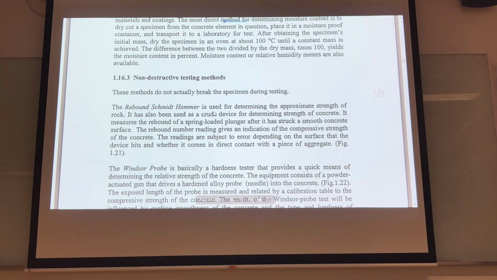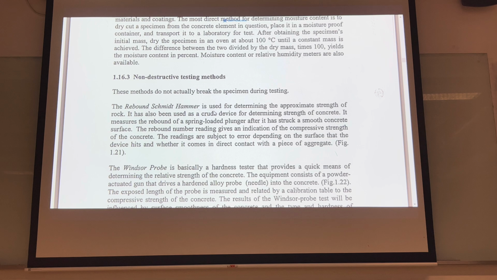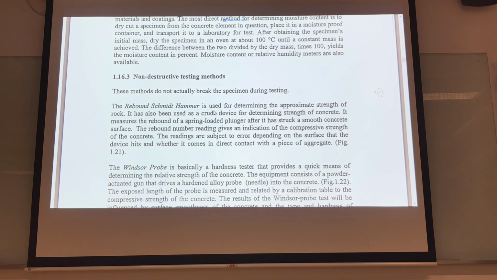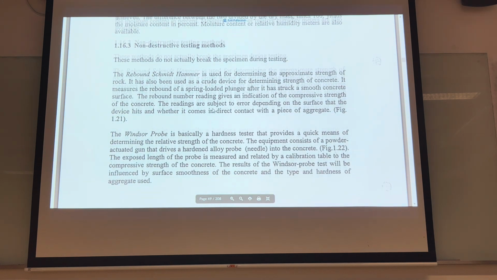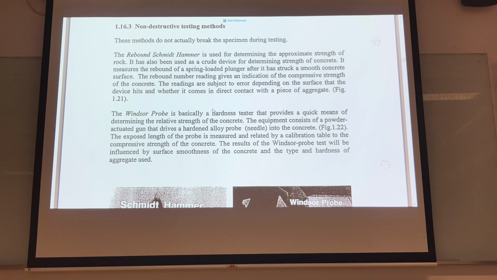The tutorial has what? Where is the tutorial? Rebound Schmidt hammer test. What else?